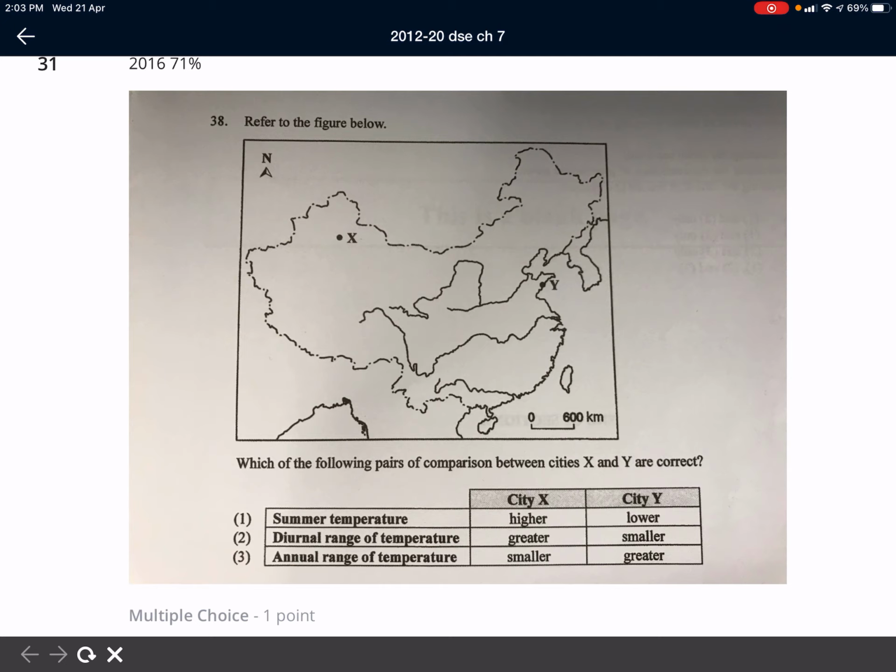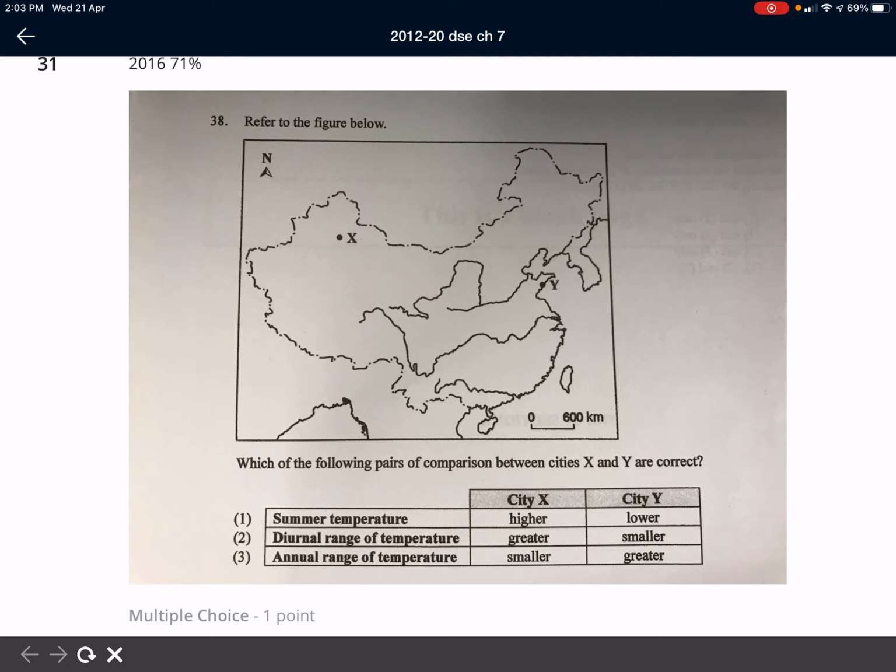So in the summer they absorb the heat faster. Okay, diurnal range and annual range of temperature. Bear in mind, these two pairs always come the same way. If the diurnal temperature range increases, the annual temperature range will also increase because both of them reflect the absorbed heat situation. So one of them is wrong.